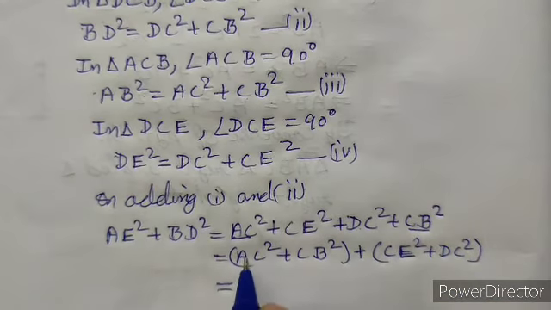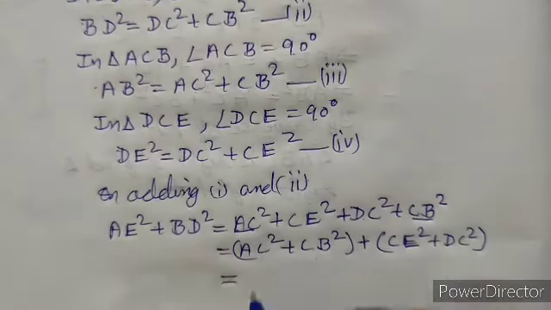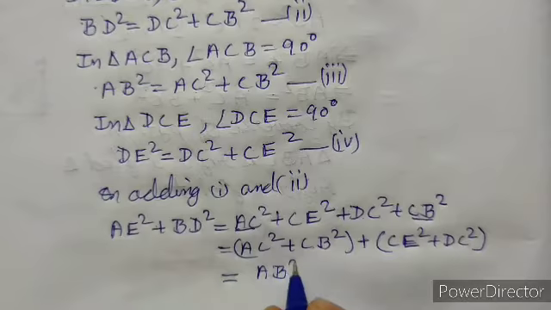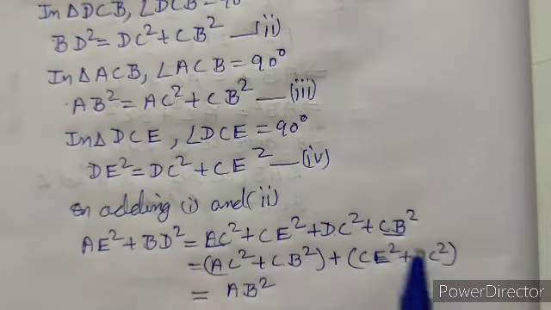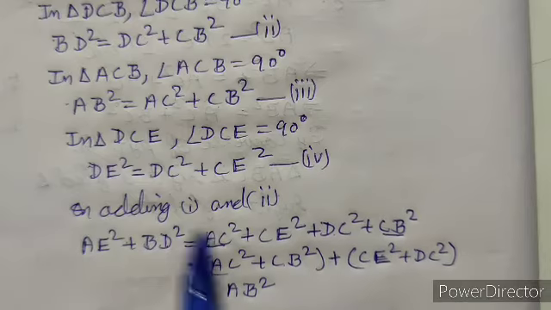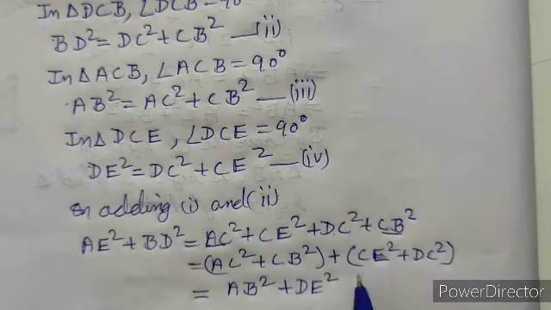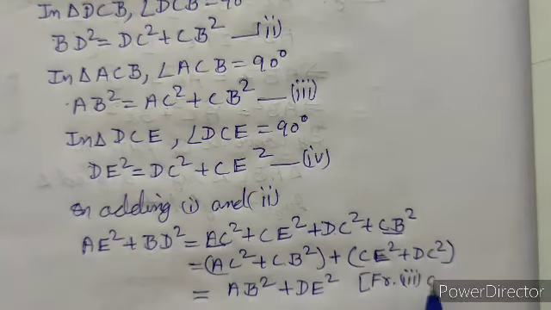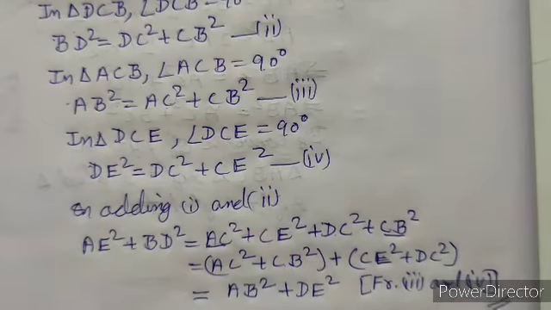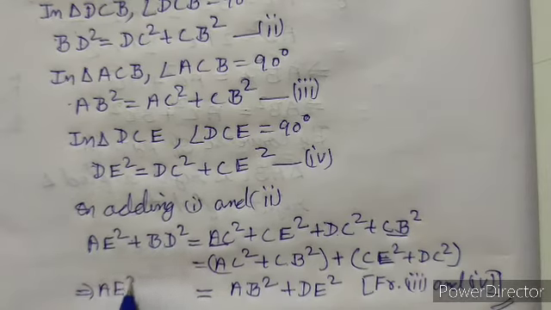And that will give us AC square plus CB square was equal to AB square, and DC square plus CE square was equal to DE square from third and fourth. And this is the proof of the question 13.